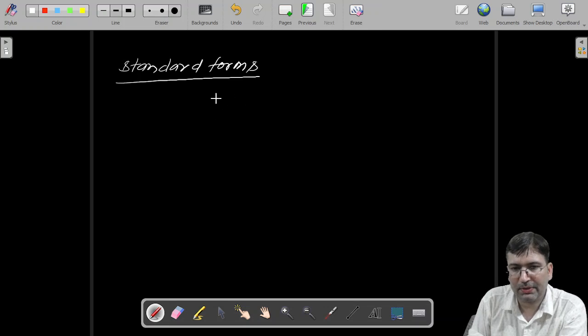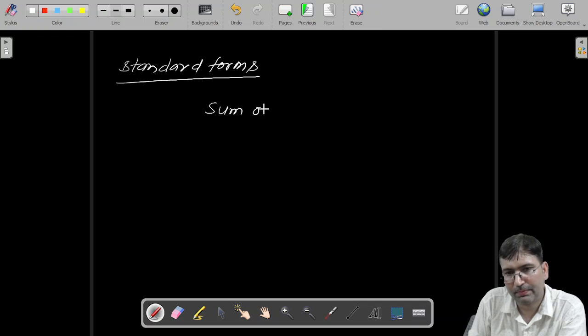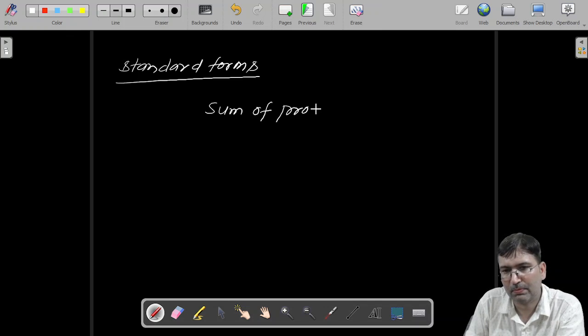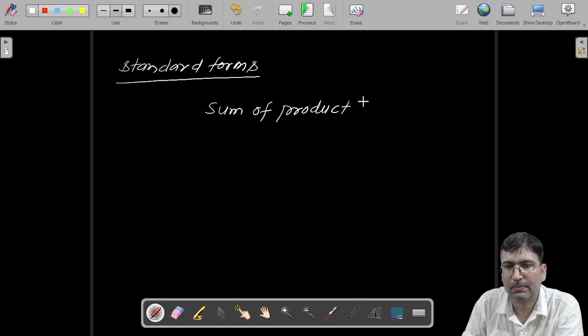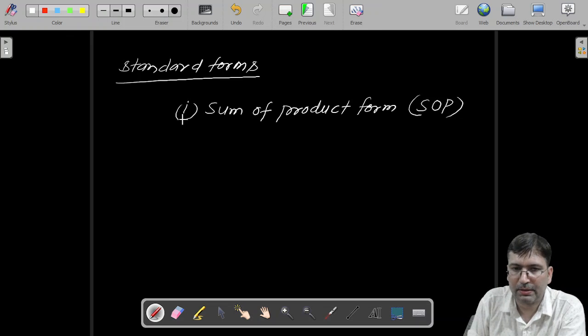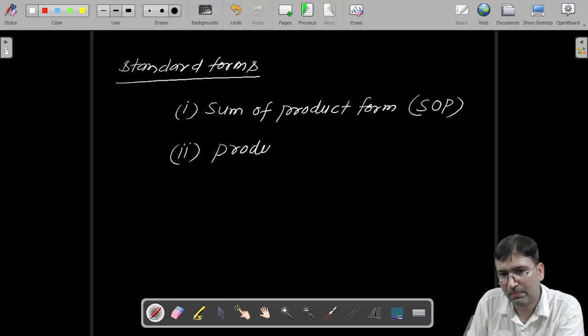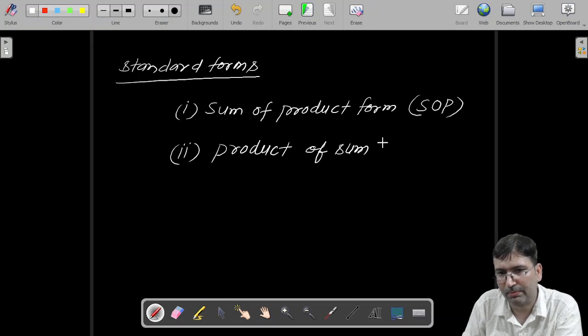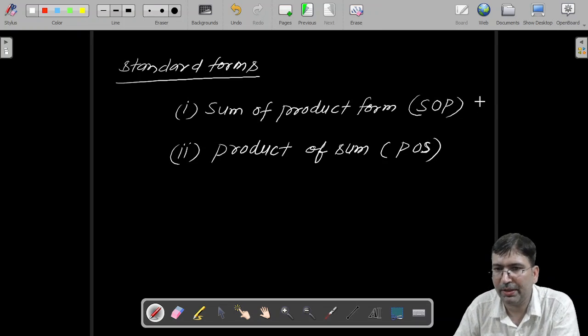In this, the very first one we consider is sum of product, in short SOP, and another we have is product of sum, POS. Sum of product we consider as min term, and in this we use max term.